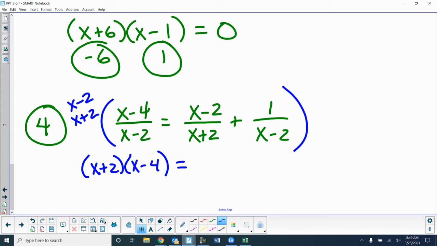So it's x minus 2 times x minus 2. All right. When I multiply the common denominator by this fraction, the x minus 2's cancel. So it's x plus 2 times 1, which is x plus 2. Questions on that? That makes sense.